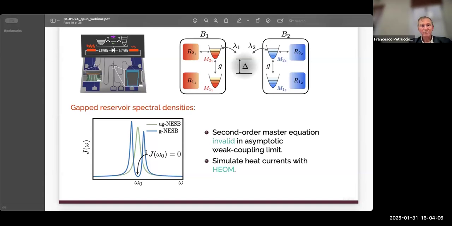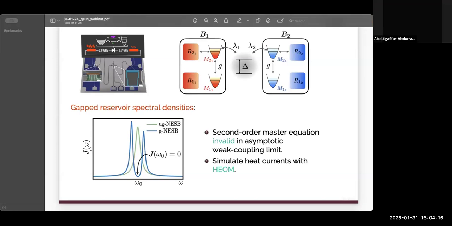Okay, there's a question online, please. Abdul, you can just unmute yourself and ask. Sorry. On the beginning of the slides, where you have this diagram representing the system interacting with the two baths, the hot reservoir and the cold reservoir.